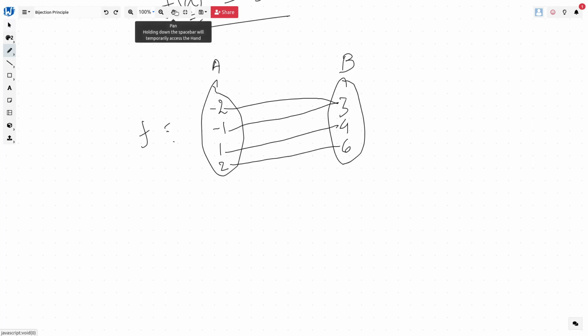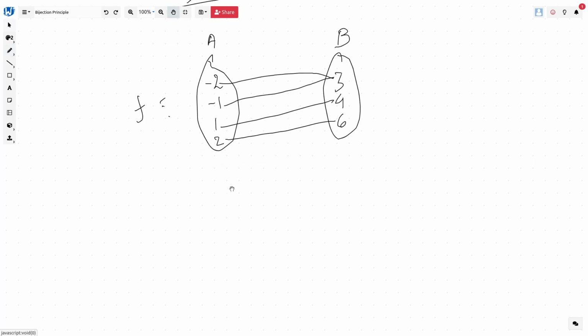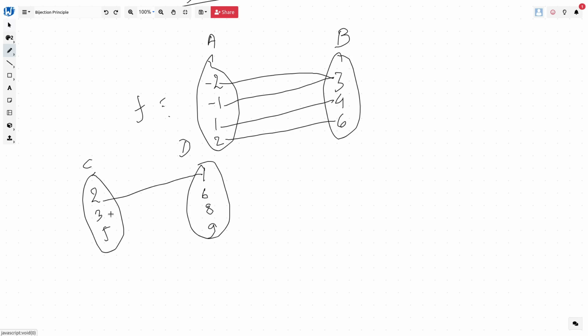Okay, let's take another example. We take another set, let's say C, and this is B. Here we have elements, let's say 2, 3, 5, and here we have elements 1, 6, 8, 9. So 2 is mapped to 6, 3 is mapped to 8 and 5 is mapped to 9. Now let's take another example.